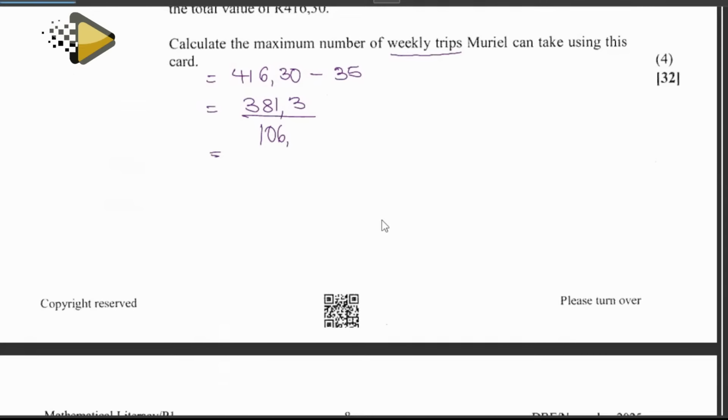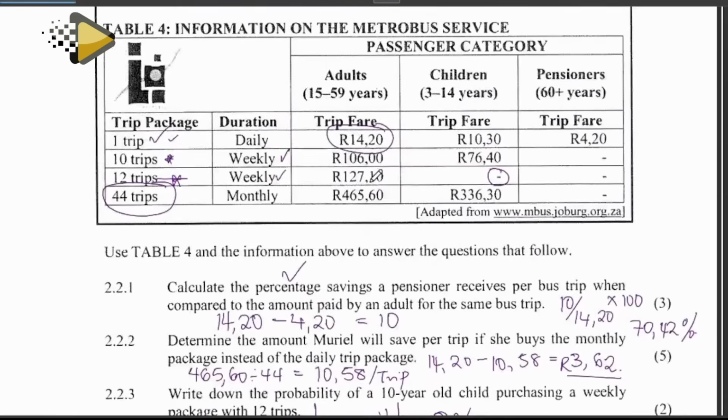Now 381,30 divided by 106 gives 3. So these are the weekly 10 trips. Then if it's the 12 one, we shall divide with the 12 weekly trips.